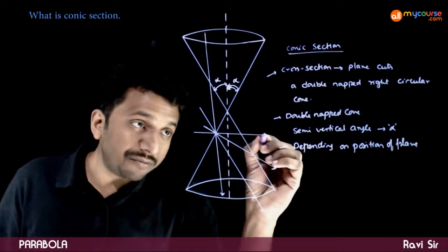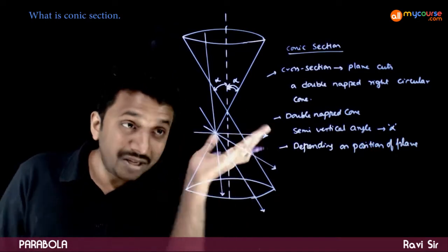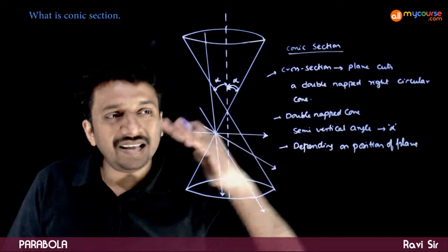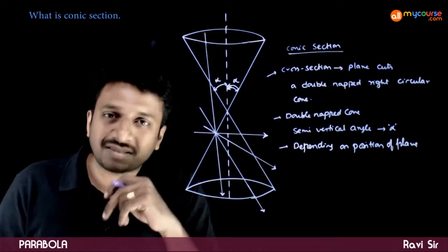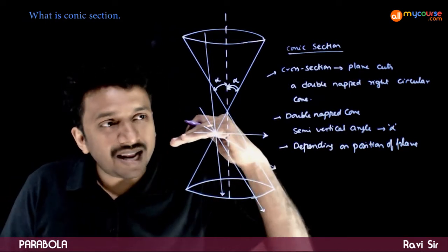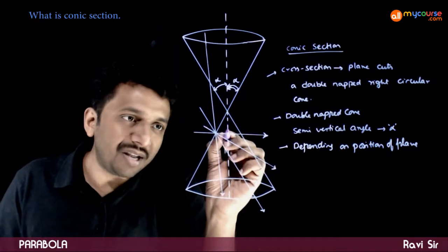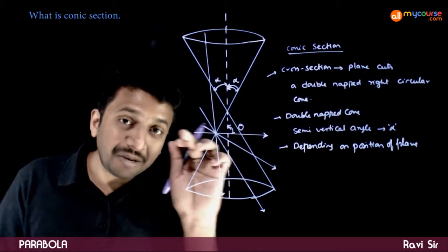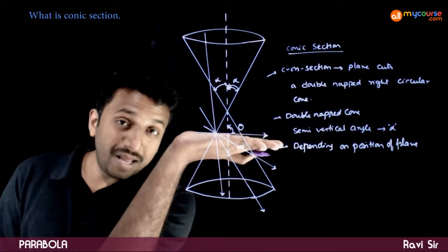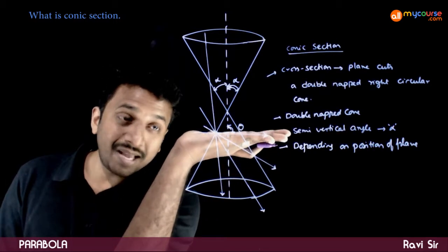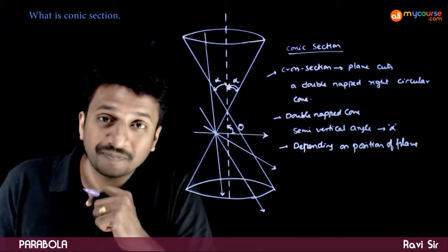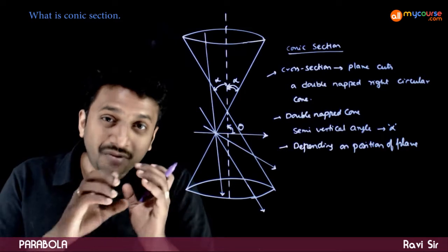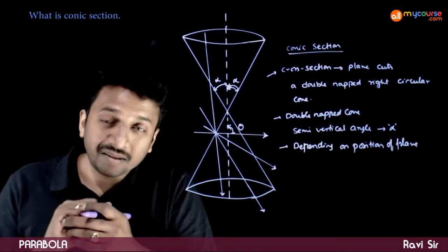Next, instead of a horizontal plane, let us take a plane which is slightly inclined to the axis. If you take the angle as theta, a plane making 90 degrees with the axis obviously gives a circle, right?